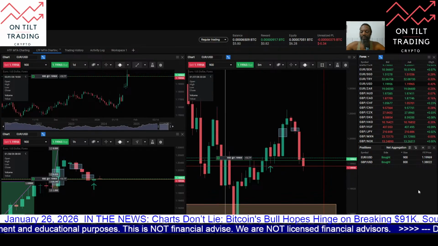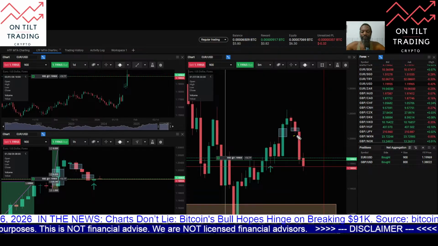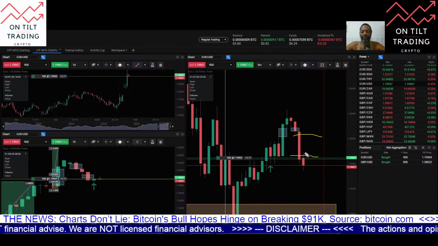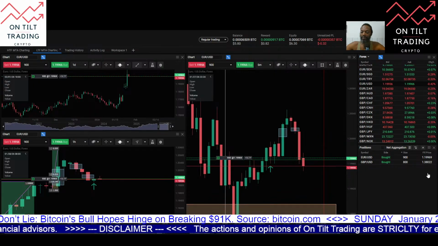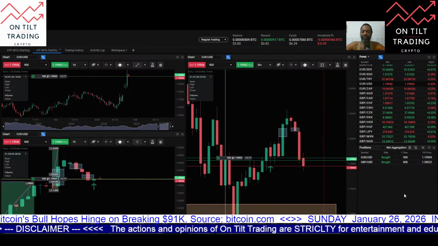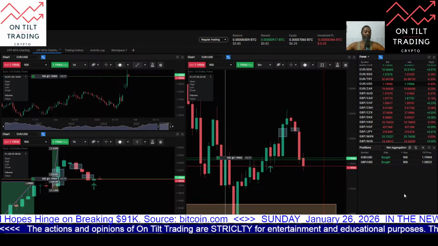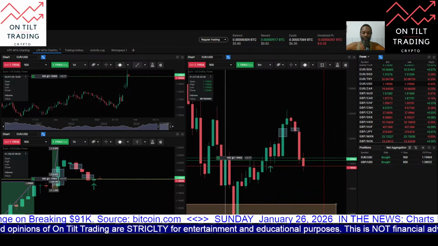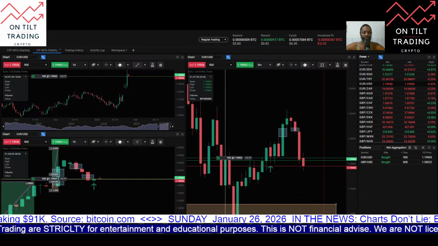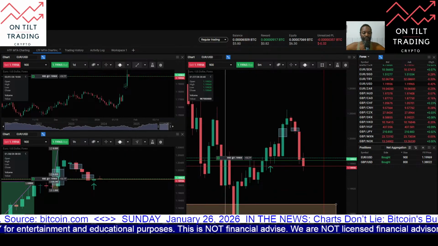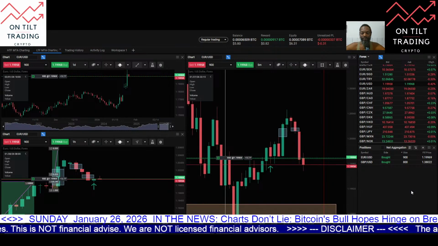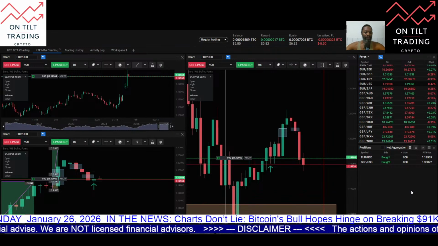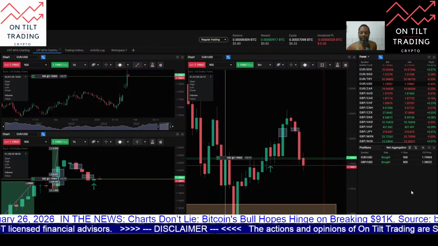Got one here and one potential forming here. Bearish value gaps. We'll see if price will return to the buy side here.